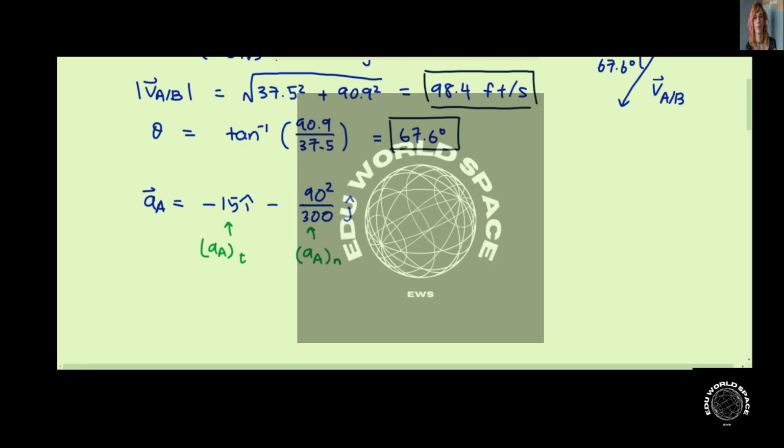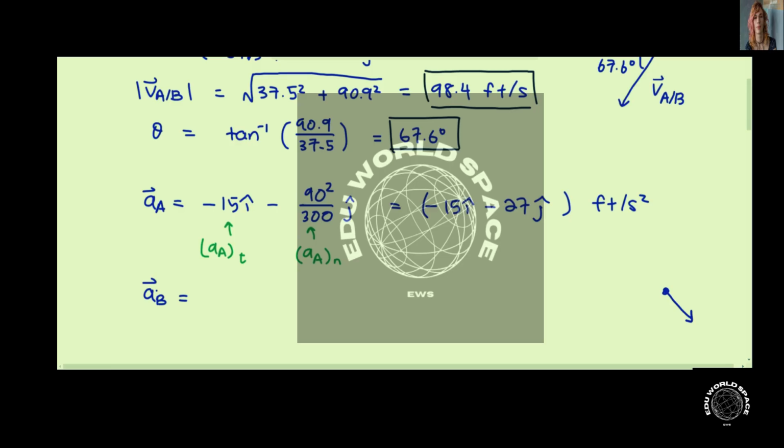If you calculate this, you get negative 15 i hat minus 27 j hat feet per second squared.